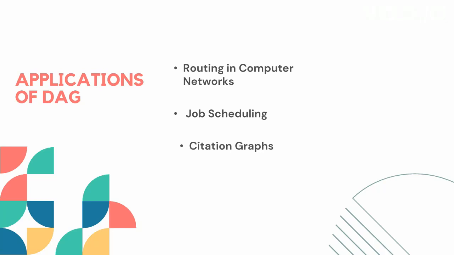Job scheduling is a process where different tasks get executed at a predetermined time or when the right event happens. Then the third one is citation graphs. In a citation graph, the vertices are documents with a single publication date. The edges represent the citations from the bibliography of one document to other, necessarily earlier documents.